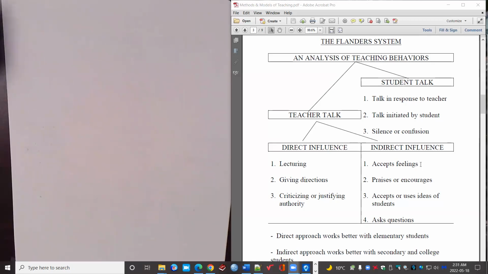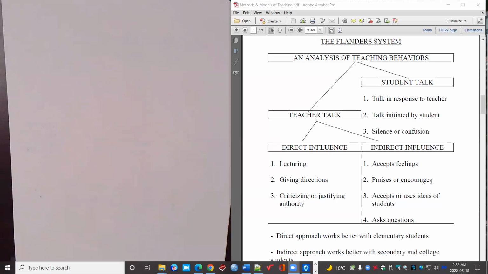All right, accept feelings. The teacher accepts feelings in an unthreatening manner. The feelings may be positive or negative, maybe predicting or recalling, that type of thing. So you just simply accept feeling.